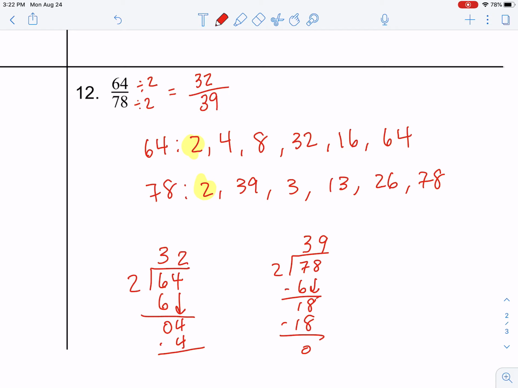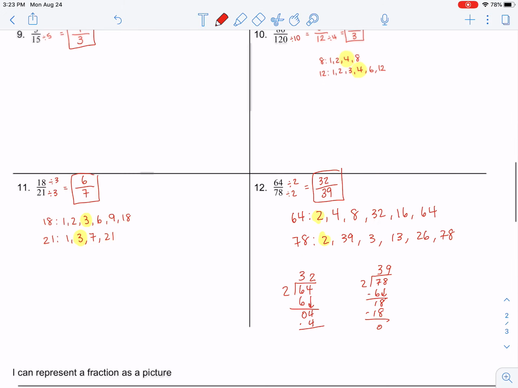So 39 is on the denominator. So it becomes 32 over 39. And we know that it should not work out even further because it does not have like factors or divisors. So 32 over 39 concludes this fraction at its simplest form.